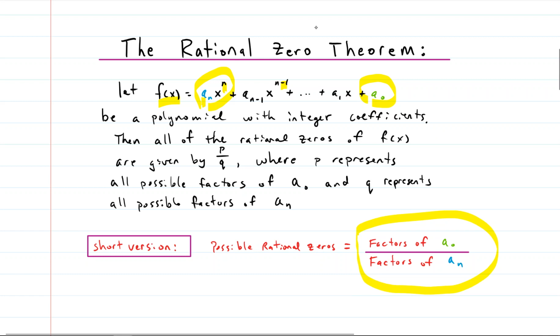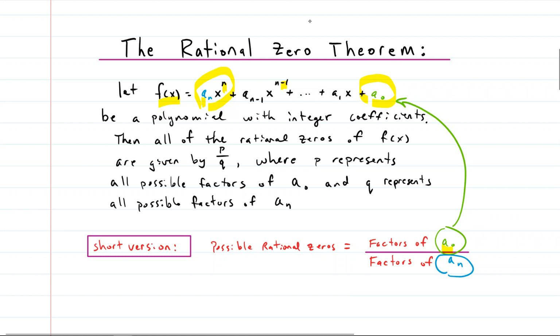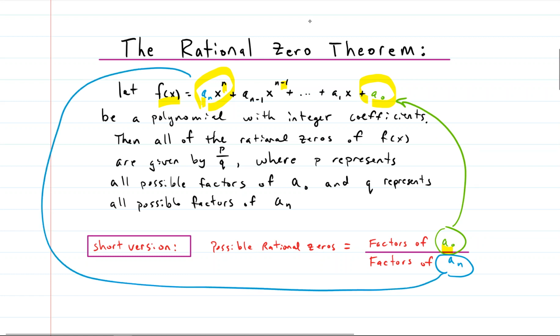So in other words, we take all of the factors of the constant term, and to make this clear, the constant term is this one here, the very last one, and we divide that by all the factors of the leading coefficient. And the leading coefficient is the term right in front, the blue term right in front. And that gives us this list from which we know we can find all of the rational zeros.